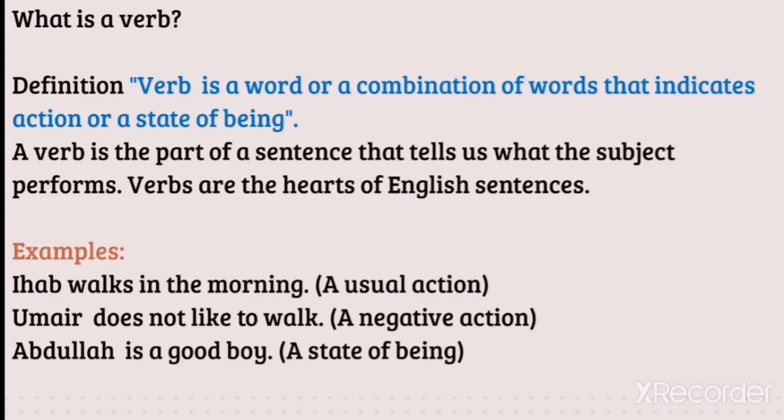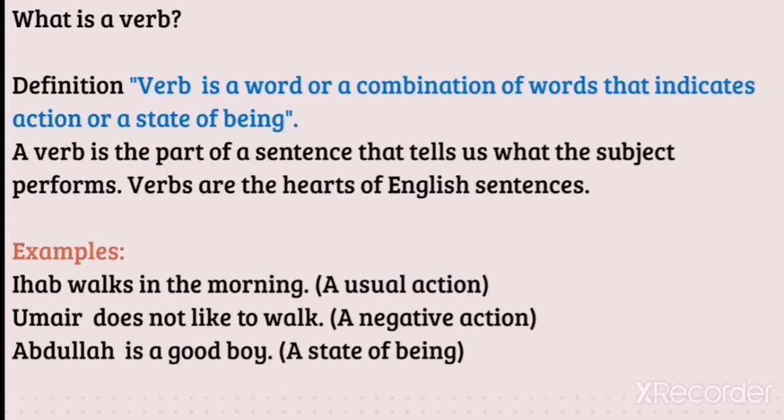Umair does not like to walk. Sometimes a verb shows us a negative action. Umair does not like to walk. So here does not like is a group of words that shows negative action. Abdullah is a good boy.